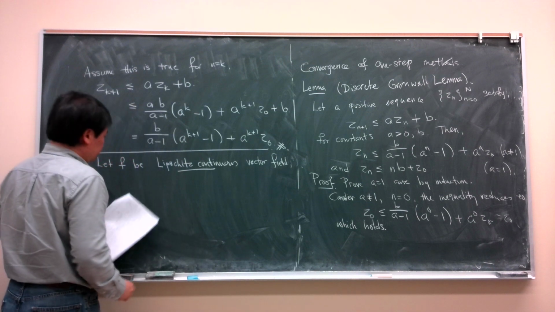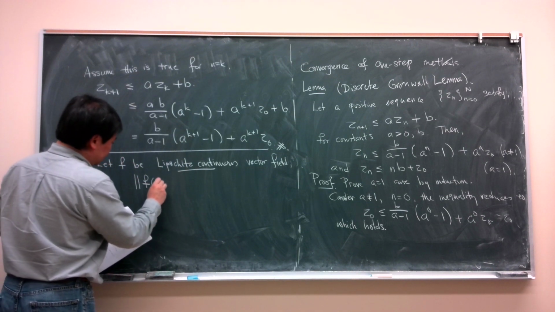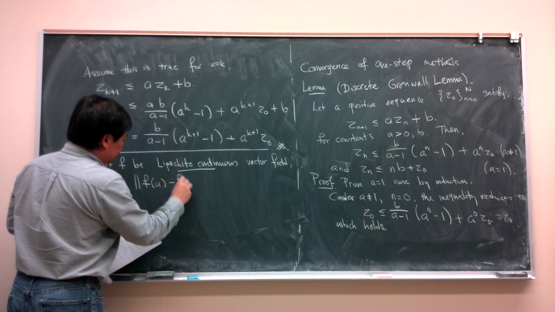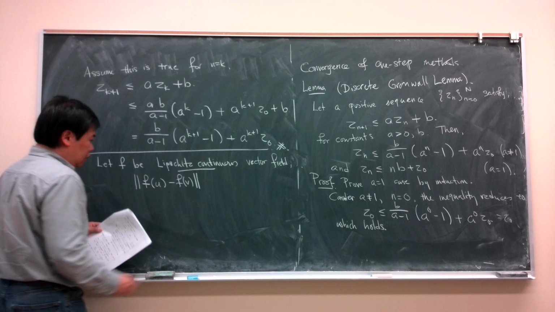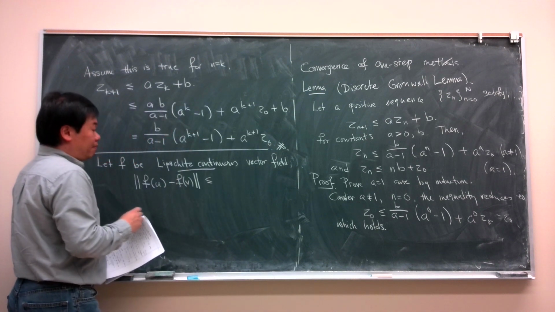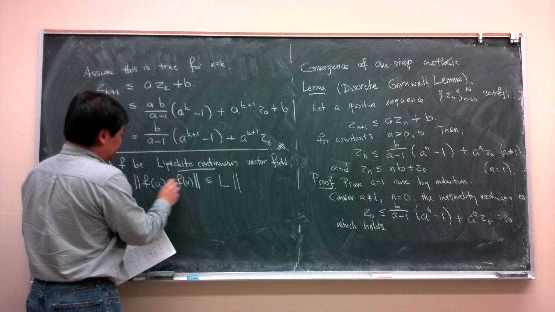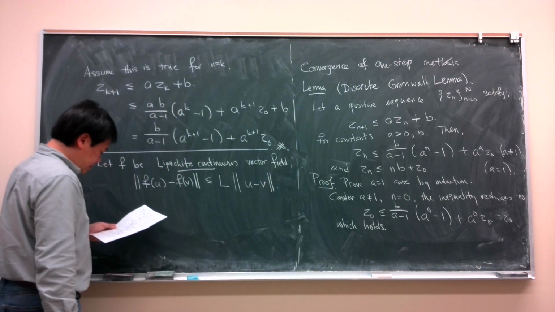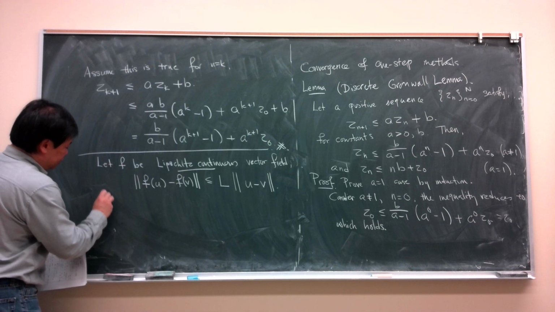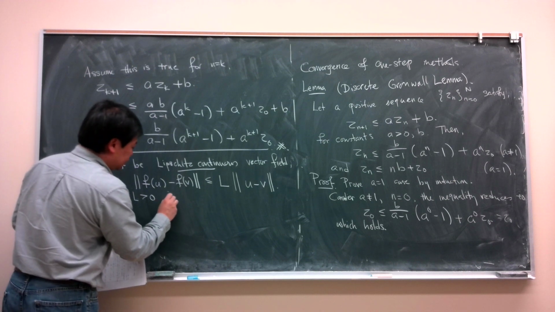What that means is that if you evaluate F at two different points, then the difference in some appropriate norm is bounded by some multiple L of the difference between the two points, where L greater than 0 is the Lipschitz constant.